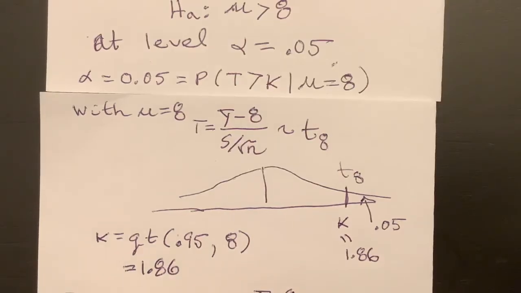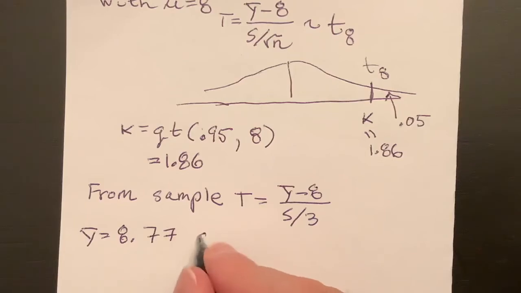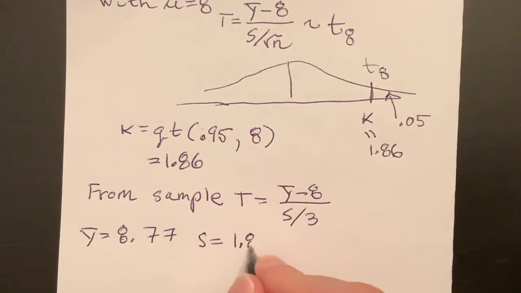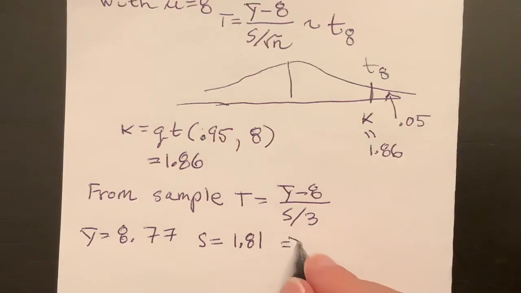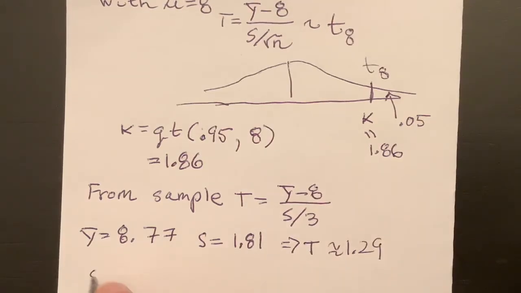I found y bar was 8.77, and s was equal to about 1.81, which told me that T was about equal to 1.29.